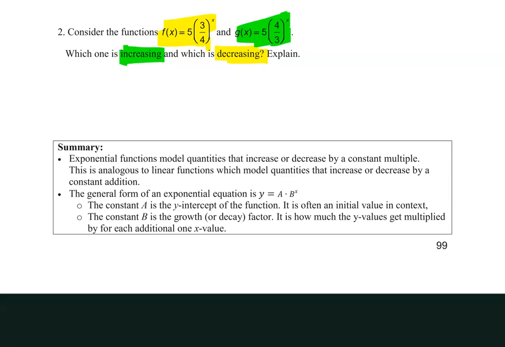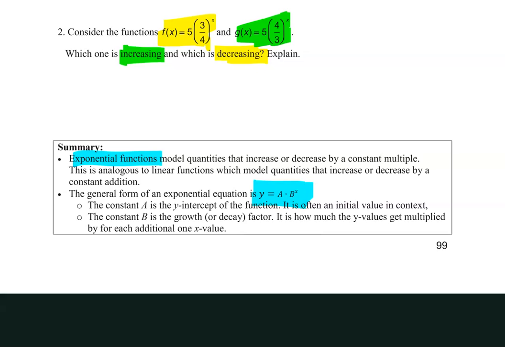So let's talk about first our summary here. Exponential functions model quantities that increase or decrease by a constant multiple. This is analogous to linear functions, which model quantities that increase or decrease by a constant addition. The general form of the exponential equation is y equals a times b raised to x. So take note of this. This is very important.